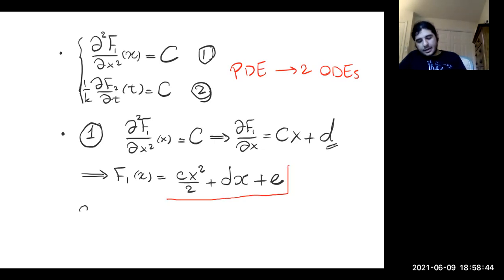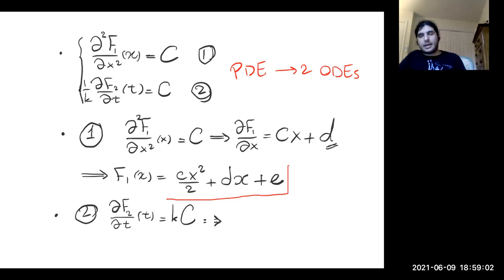Let's look at our second equation. The second equation says 1 over k times the derivative of f2 with respect to t is equal to a constant. Therefore, the derivative of f2 with respect to t at any time t is equal to k times c.